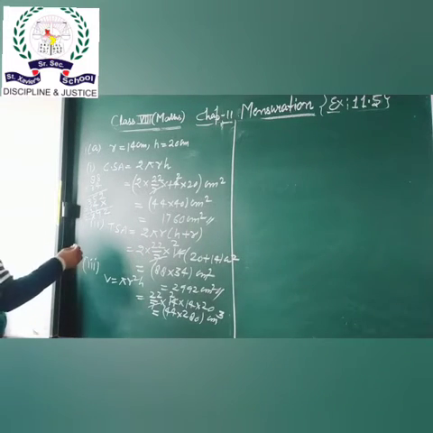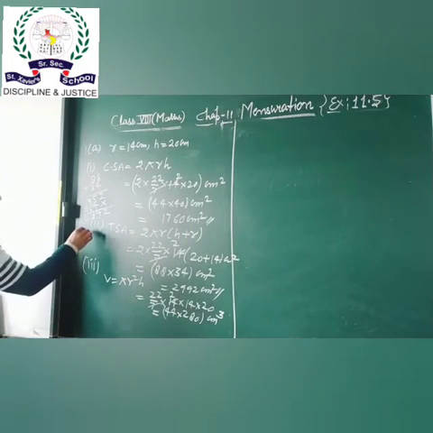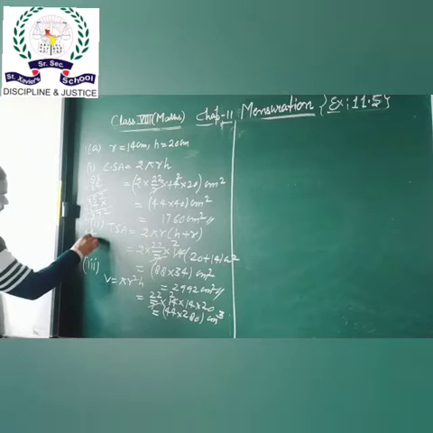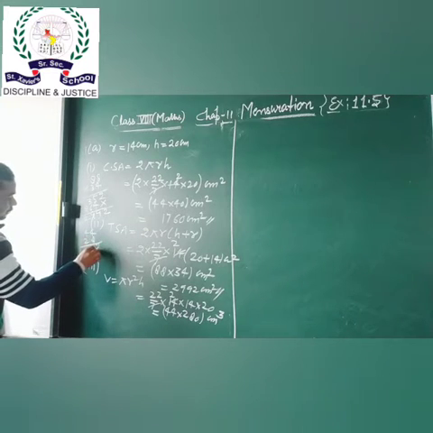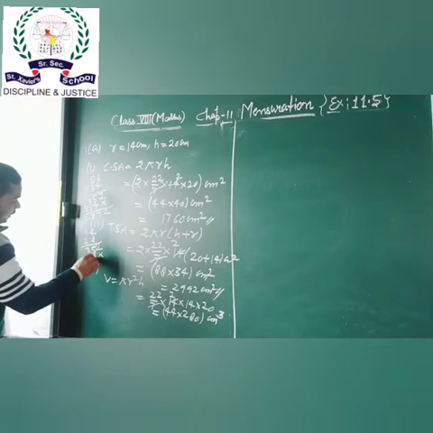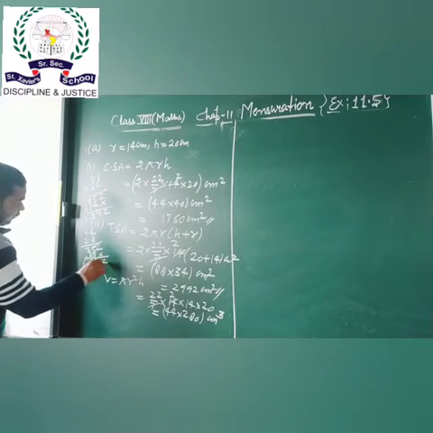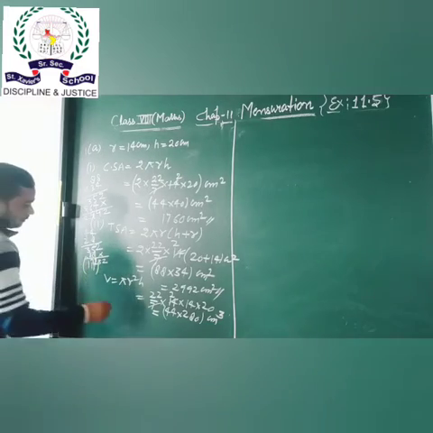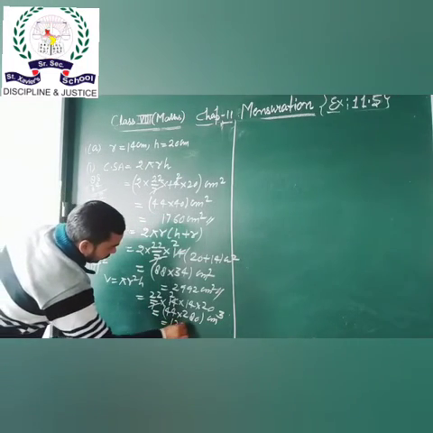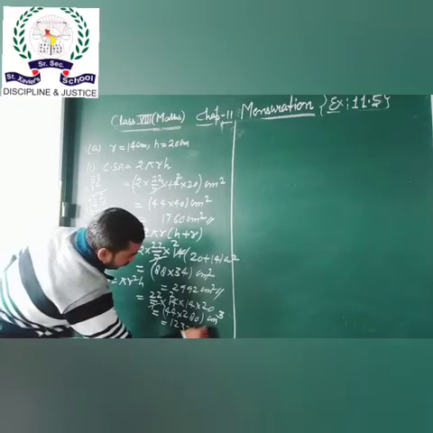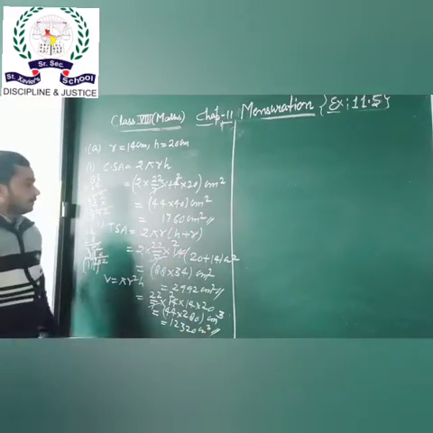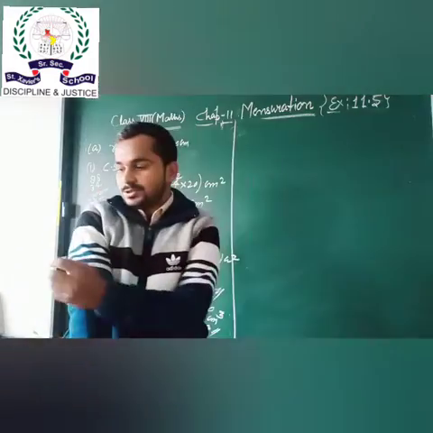Then multiply 44 into 280, which gives 12,320 centimeter cube. This is the volume of the cylinder.